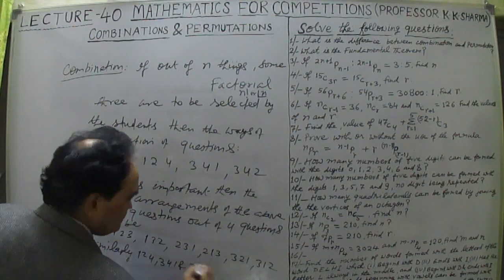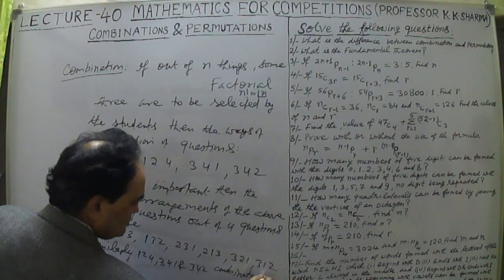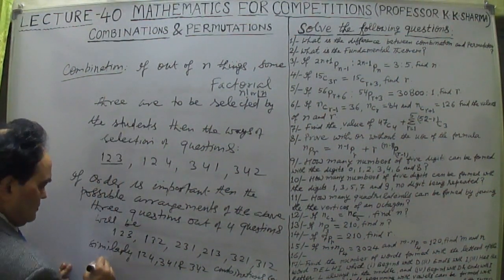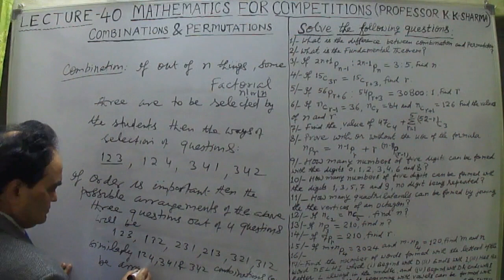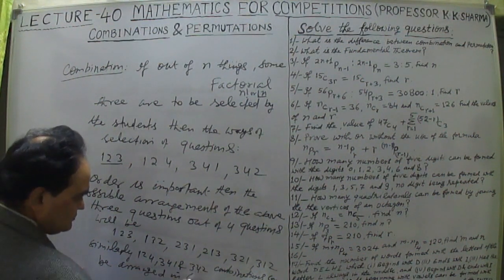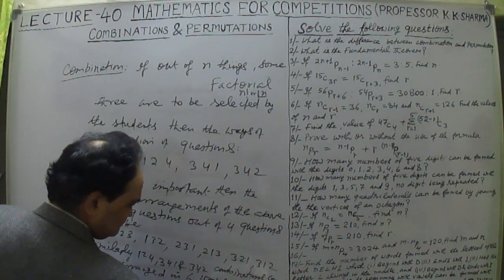These selections, these combinations, can be arranged in 6 ways each.